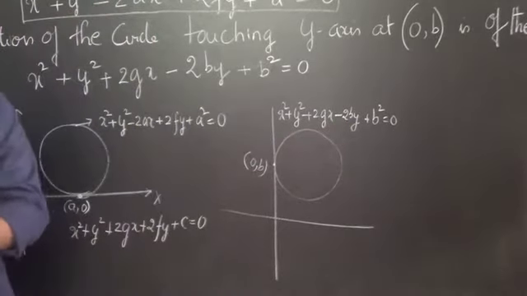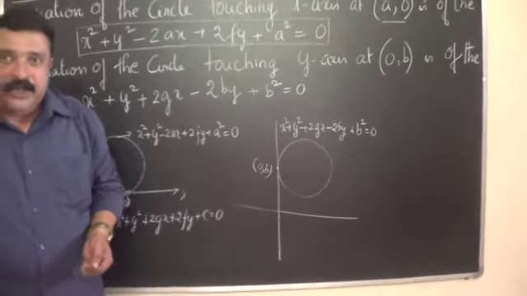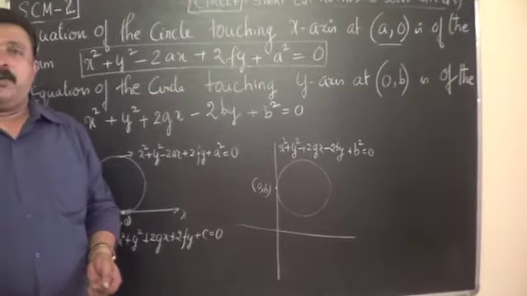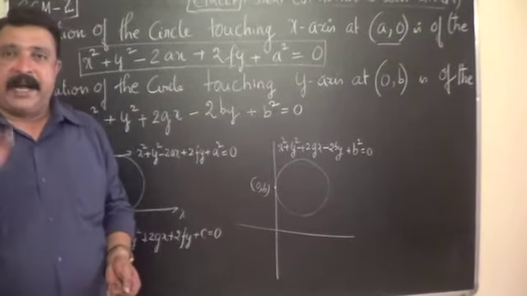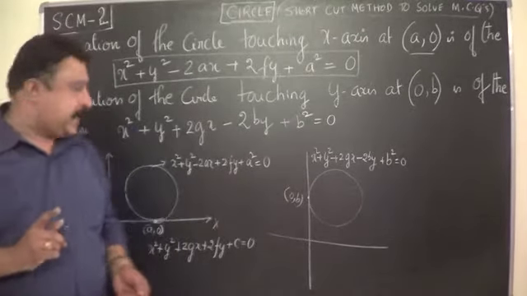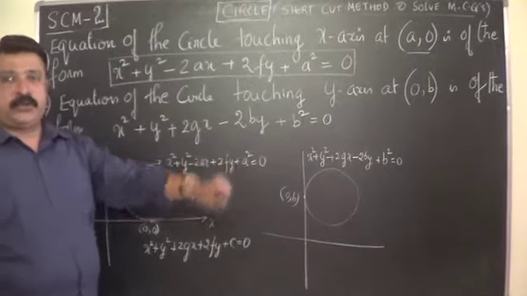So if you want to memorize the equation of the circle touching the x-axis at the point a comma 0, you would say x square plus y square minus 2ax plus 2fy plus a square is equal to 0.